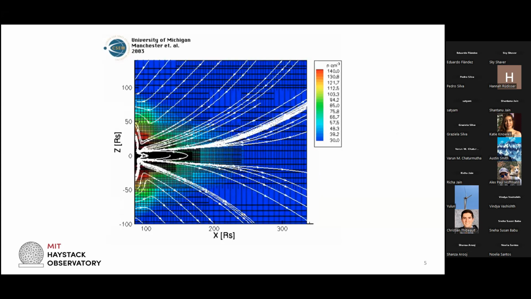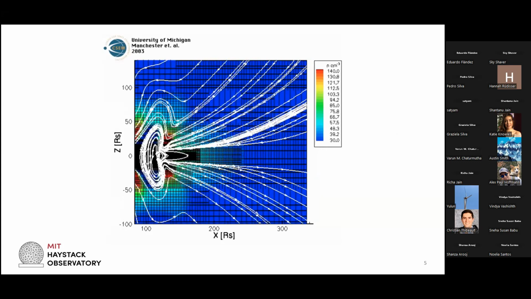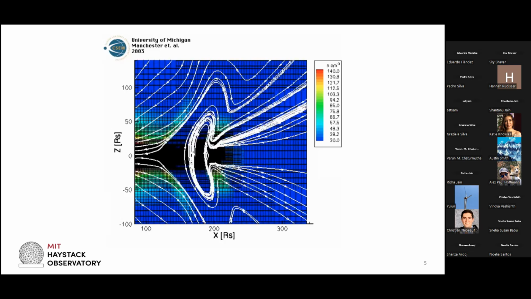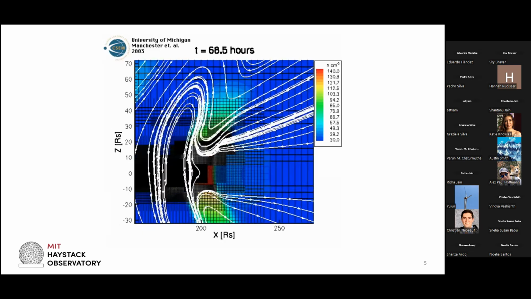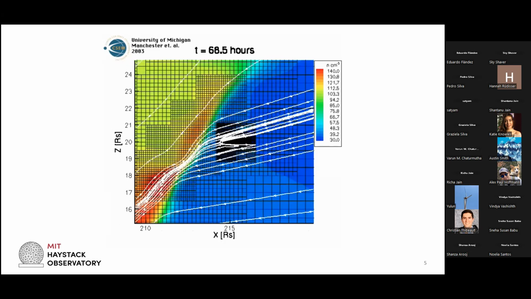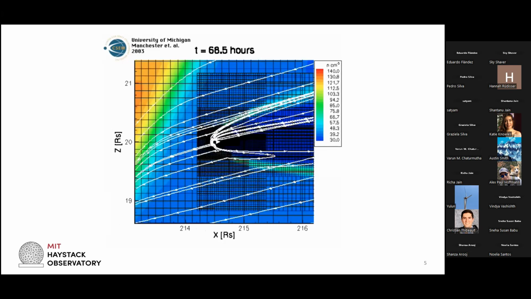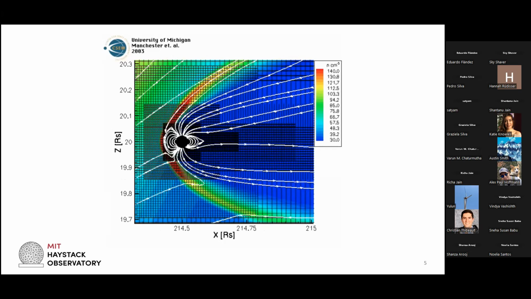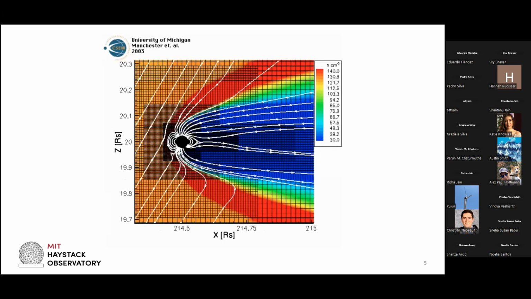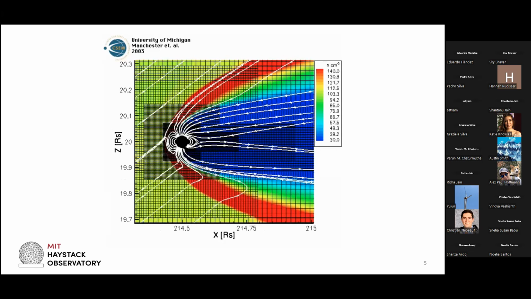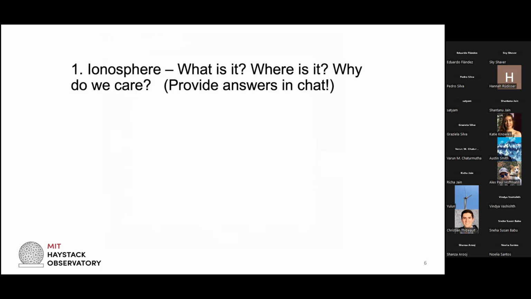You'll see the perspective keeps changing as the CME is propagating. And this is the part that always amazes me. That's the Earth's magnetosphere reacting. And again, the ionosphere is much, much closer to the Earth. So that was just to provide a perspective.